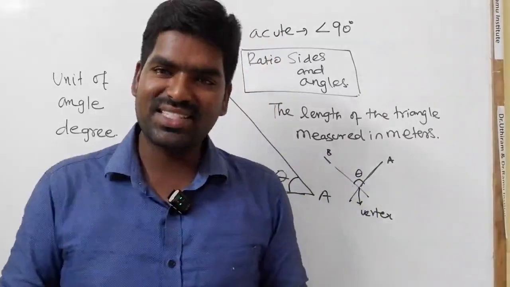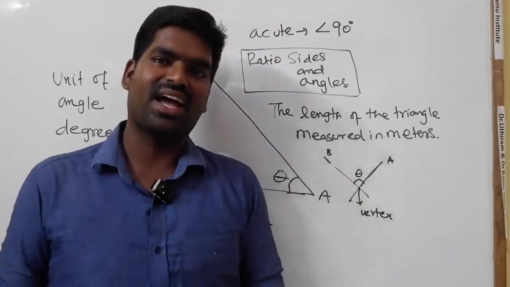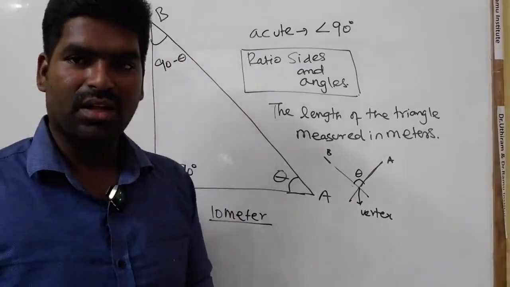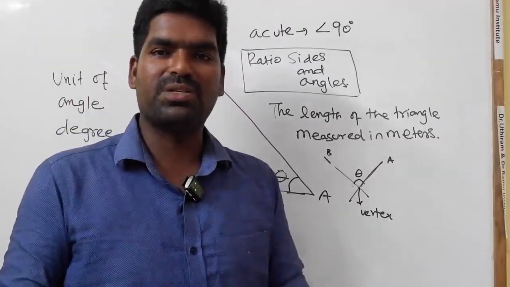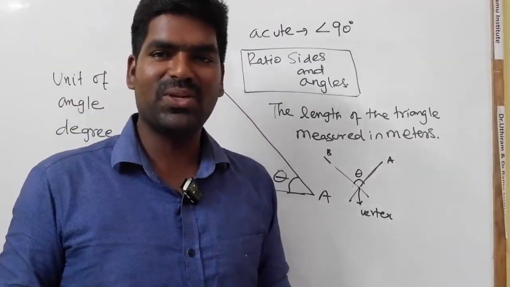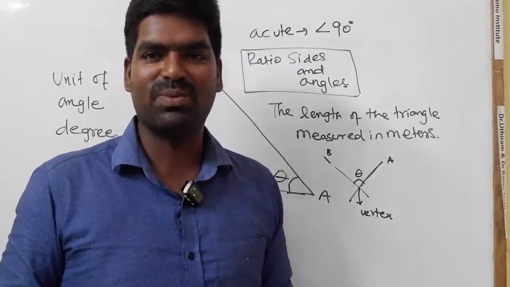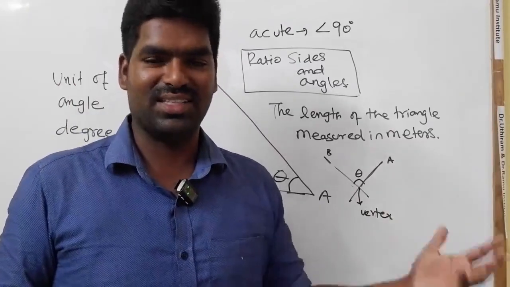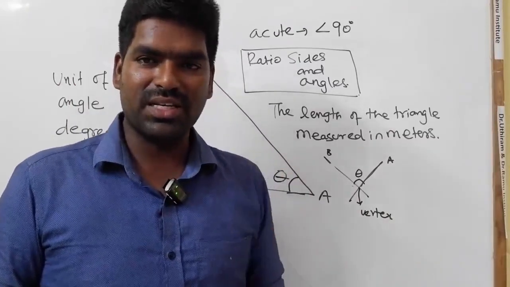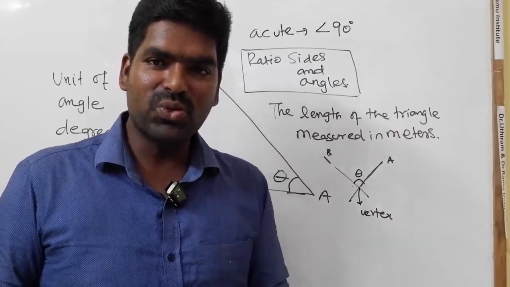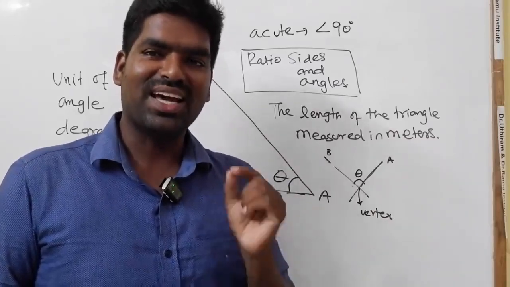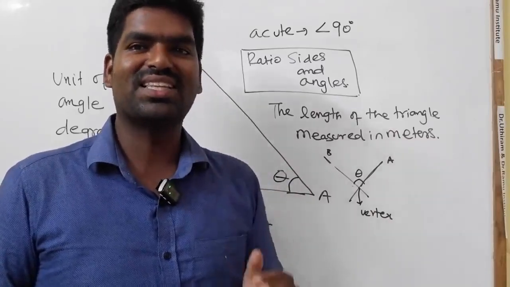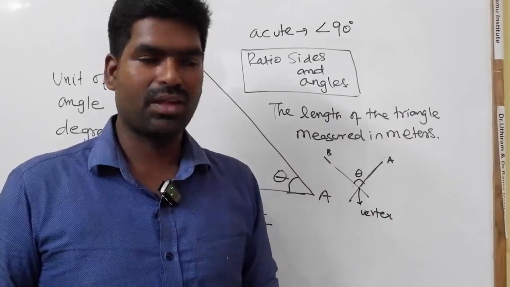It has three sides and three angles. Of course, there are many types of triangles, but this video is not intended to explain the types of triangles. In trigonometry, we use only the right triangle to represent the sides and the angles.